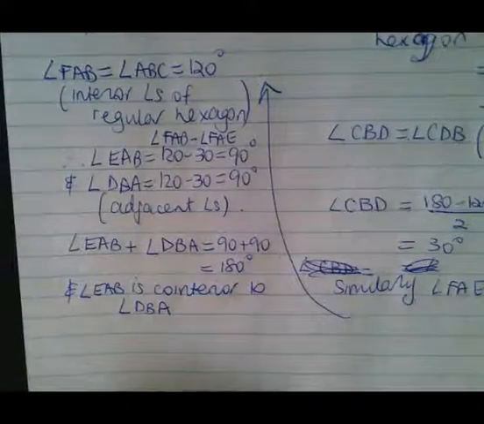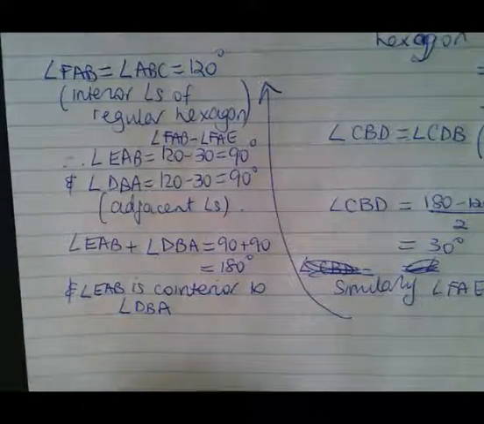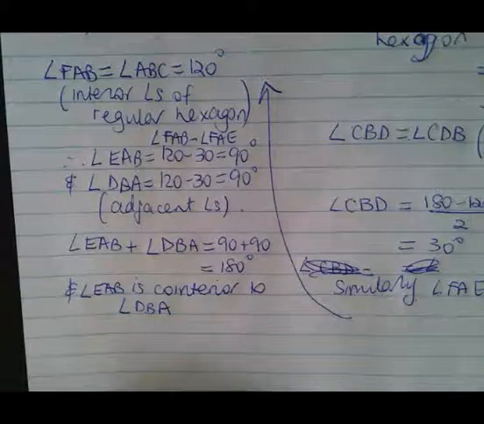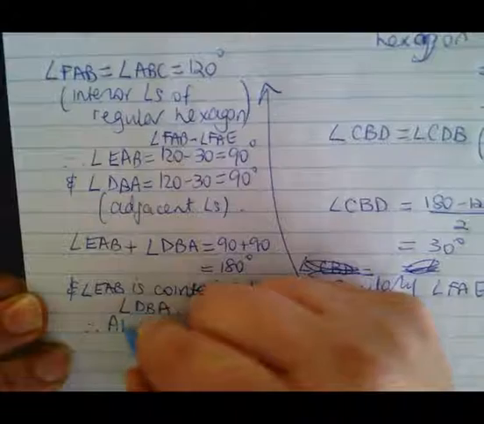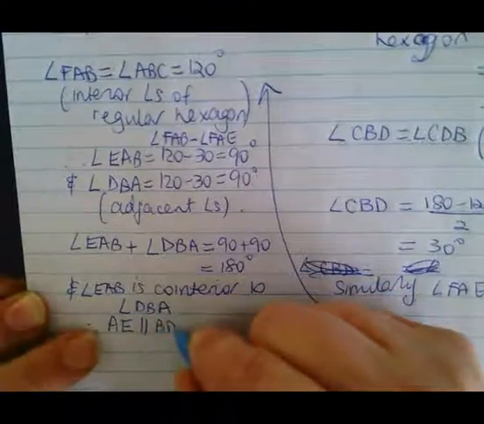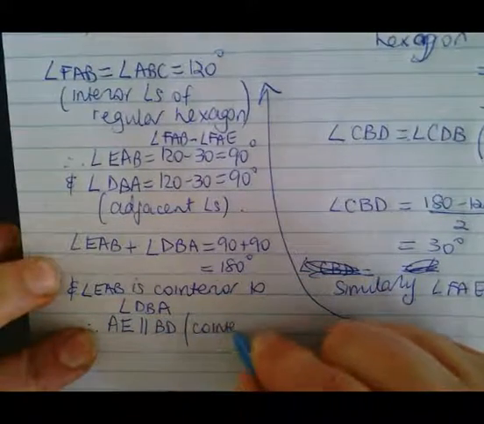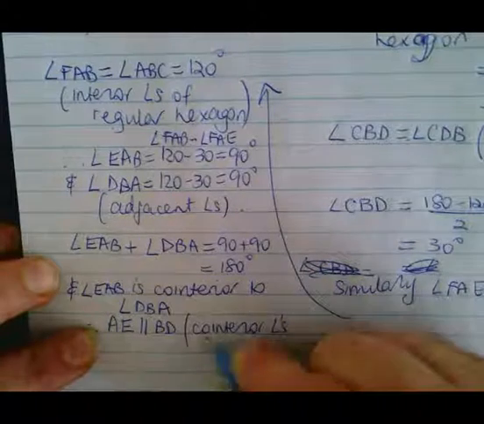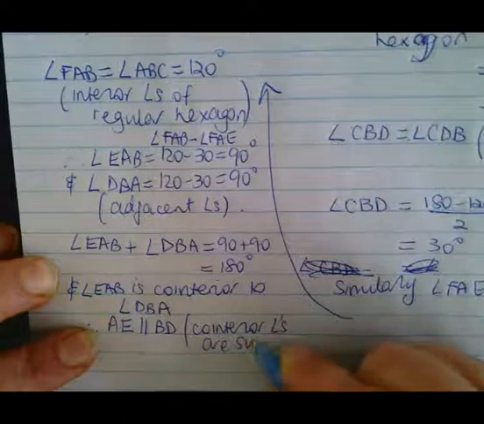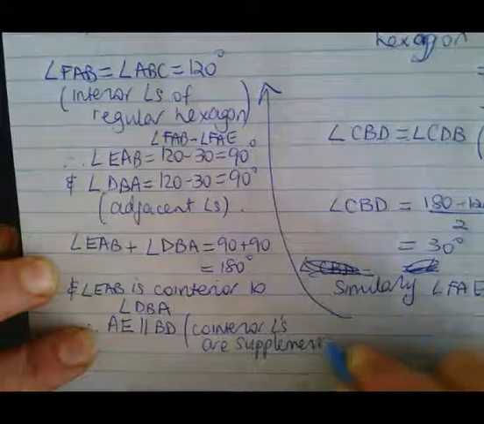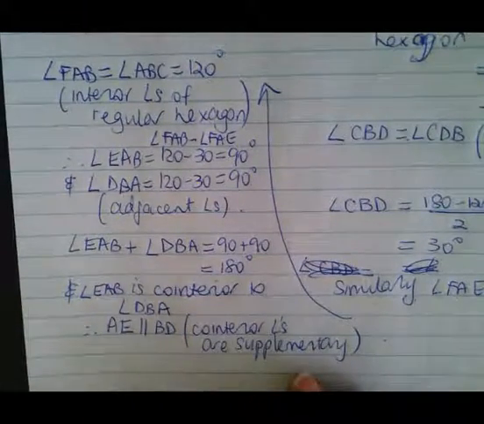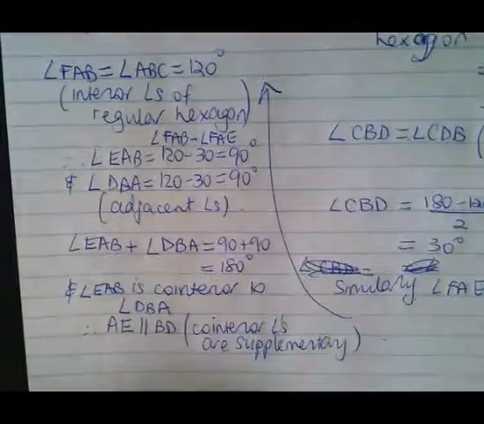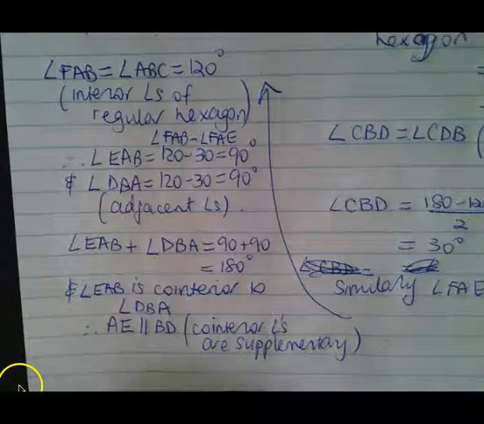So remember, these two angles add up to 180, but they happen to be co-interior as well. Therefore, AE is parallel to BD. Reason: co-interior angles are supplementary, or add up to 180. That's an important one.